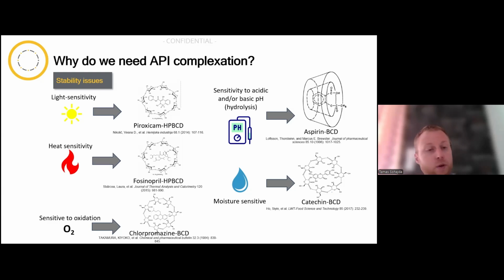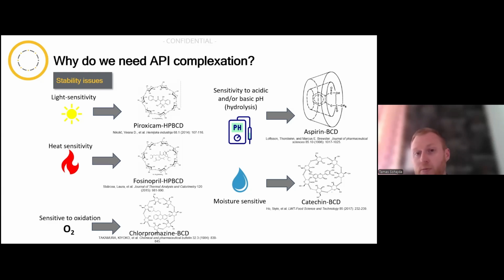So if you want to protect the active ingredient from light in the formulation, so in the dosage form, the packaging, whatever, this is fine, it will work. If you want to protect your active ingredient from gastric pH, and your formulation dissolves in the gastric media, the cyclodextrin will release the active and it will degrade just as quickly as without the cyclodextrin.